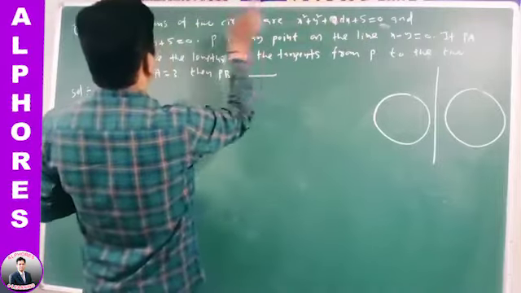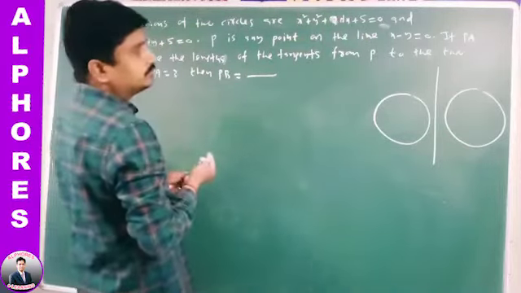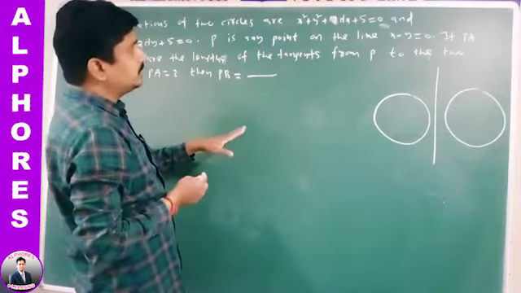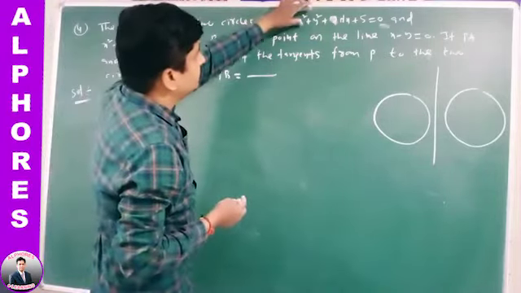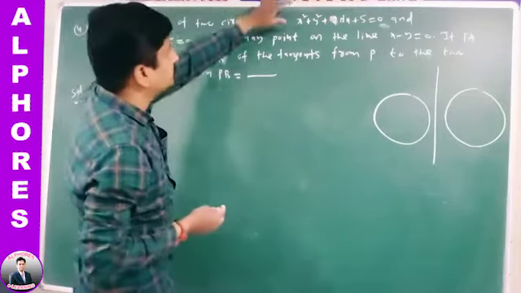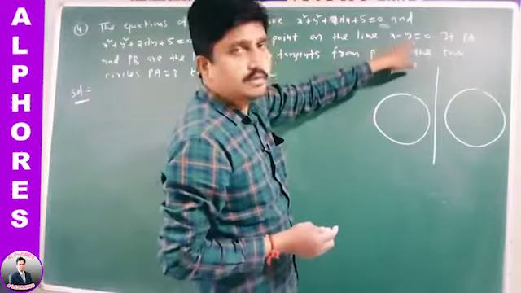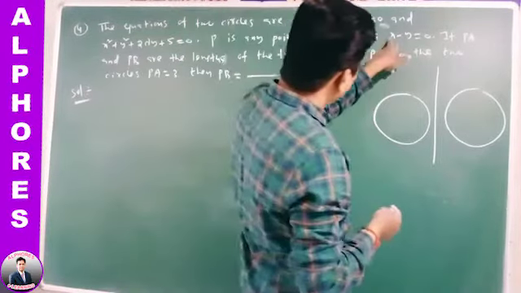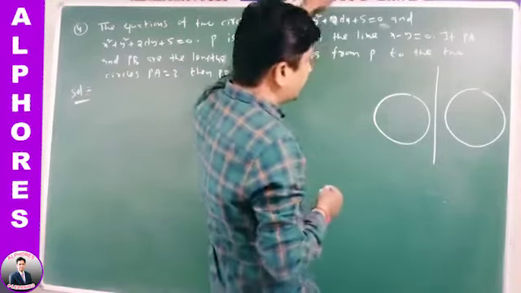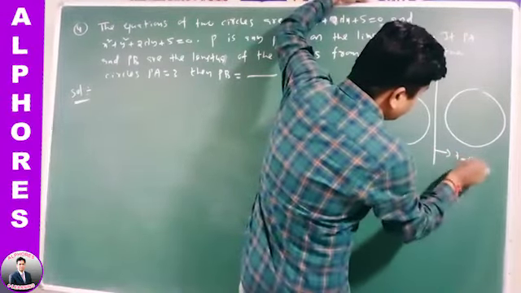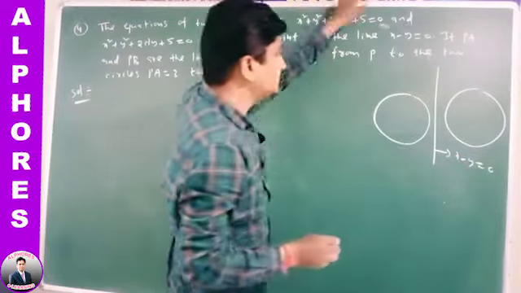We get 2 lambda x minus 2 lambda y equal to 0. With 2 lambda common, x minus y equal to 0. Observe that equation 1 minus equation 2 gives x minus y equal to 0.